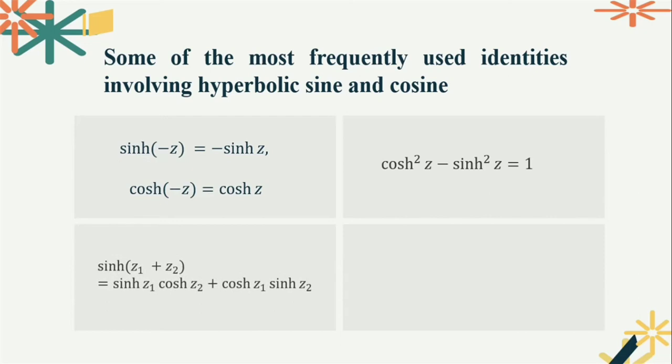And the sinh of z1 plus z2 is equal to sinh z1 times cosh z2 plus cosh z1 times sinh z2.